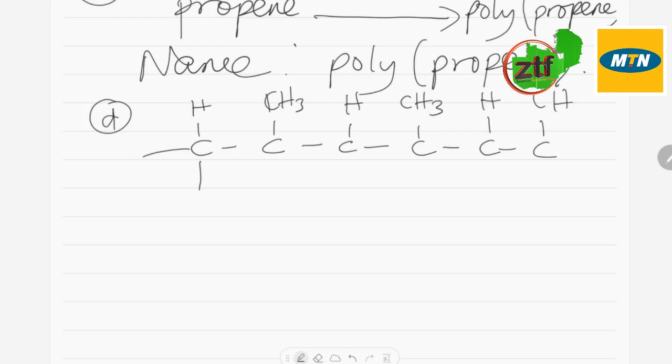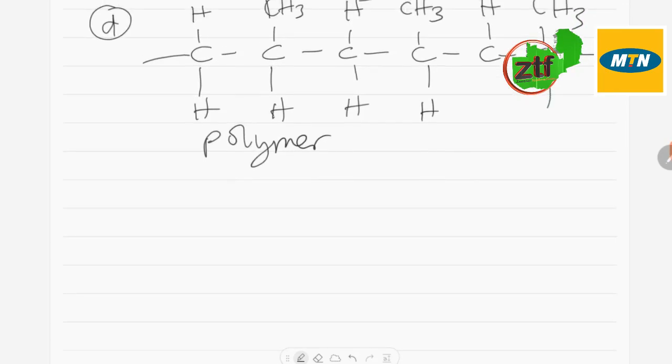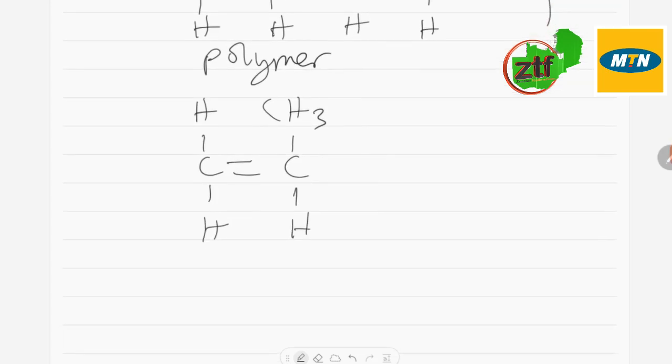So this is our polymer. Let's also draw the structure of the monomer, which is propene. Okay. Now, let us deduce the differences.